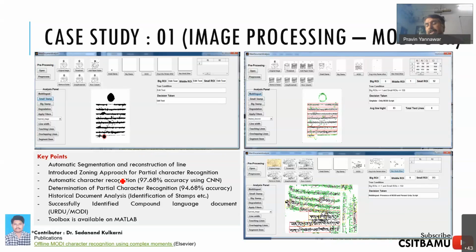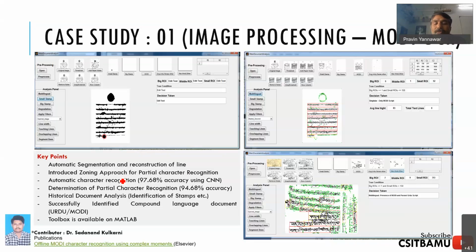The zoning approach is used because, since it is a historical document, it gets degraded and only some portion of the letter is available. By looking at the portion which is available, can we predict which letter it is? Is it automatically possible, and if so, how can we do that? This partial character recognition is one of the prominent areas where you can contribute.